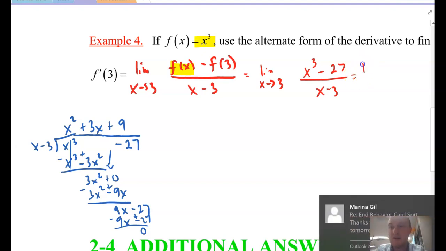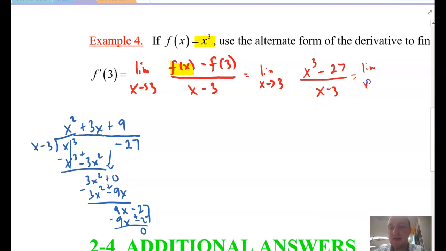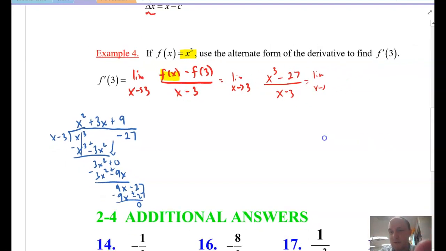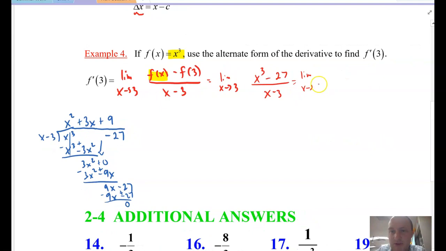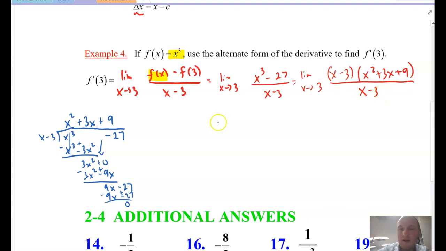So we get the limit as x approaches 3, and I'm just rewriting this numerator. The numerator is now x minus 3 times that quotient, x squared plus 3x plus 9, that helps you factor it, divided by x minus 3, and then we get some cancellation going on.